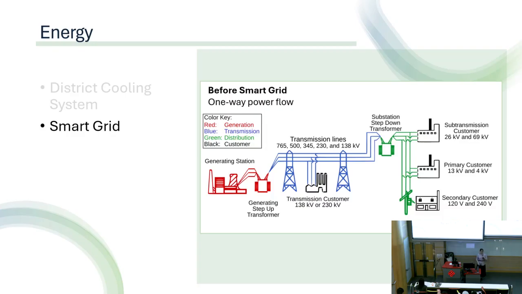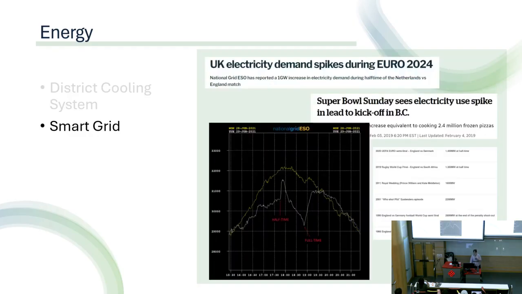Smart grid is not so much used in Hong Kong, but in other international locations, for example in Australia, they are pushing for smart grids, because they can incorporate renewable energy use alongside the smart grid. Before we had the smart grid, energy just flowed from the station through the transmission lines into the different transmission locations and into the customers.